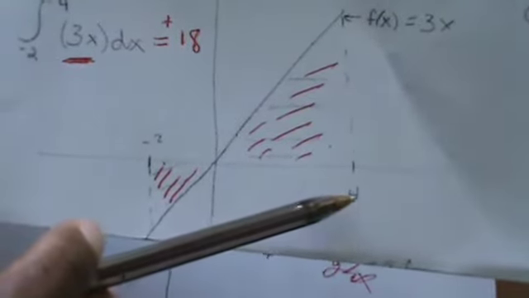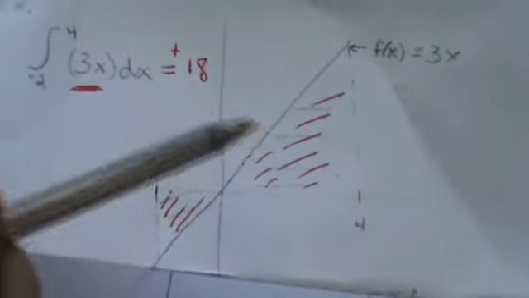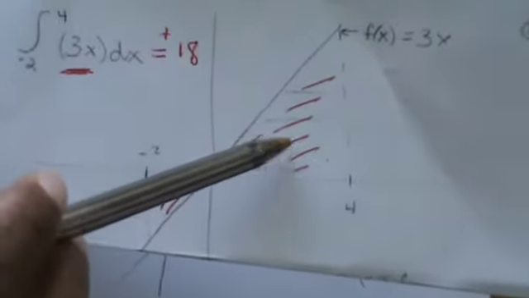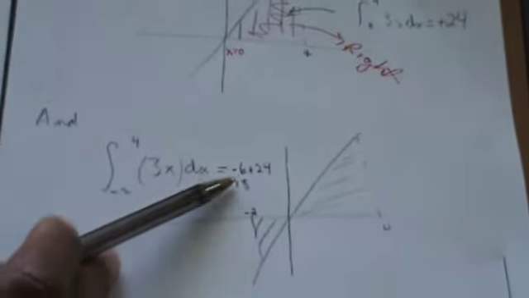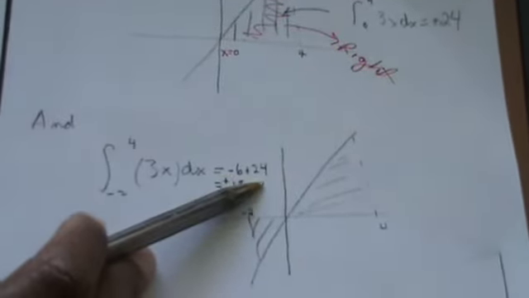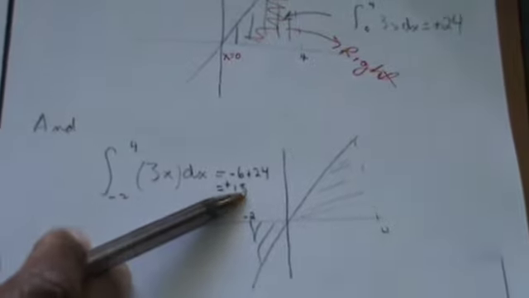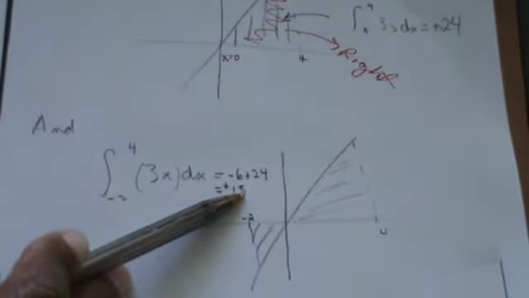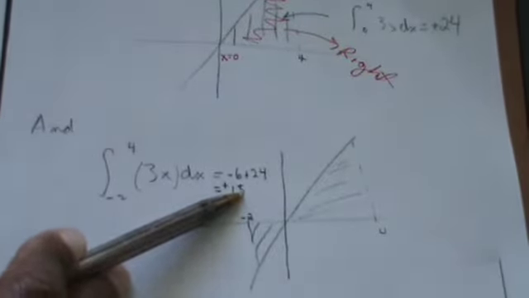So what do I mean by that? The calculator is going to say you have 18 more units above the x-axis than below it. This is what your calculator is doing. Your calculator is acknowledging you've got 6 units below the x-axis, but you've got 24 above it. So in total, you have 18 more units above the x-axis than below it.